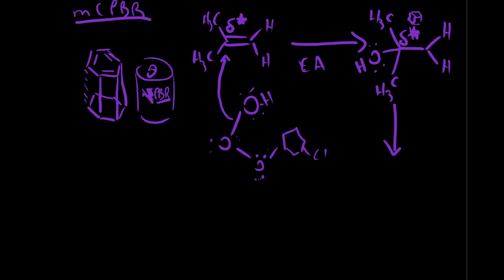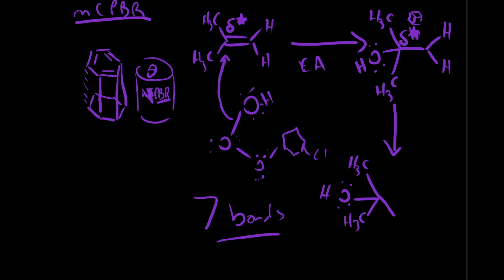Now, of course, we know that carbons can form up to 7 bonds. And so it is very straightforward for it to add the rest of mCPBA. And of course this makes sense because of science.